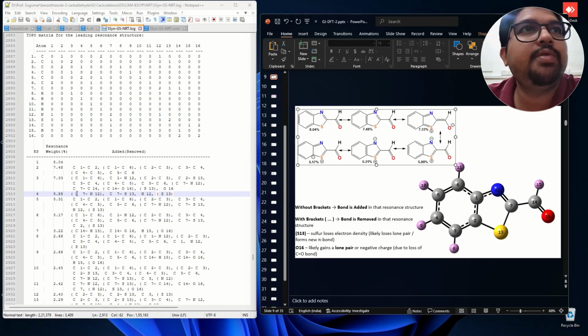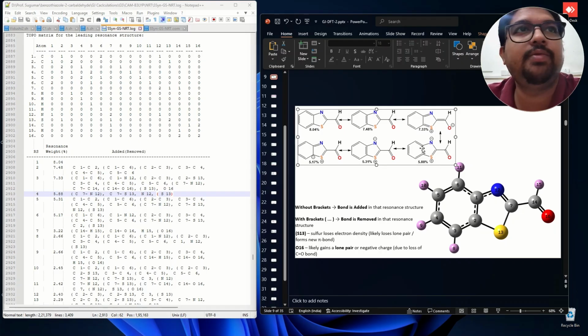So here if you see, atom number 7 and atom number 12, one of the bonds is removed. In the initial structure, atom number 7 and 12, this is your initial structure, it is a double bond. Fine. Now since it is in a bracket, one of the bonds is removed from here. So you can see here one of the bonds is removed.